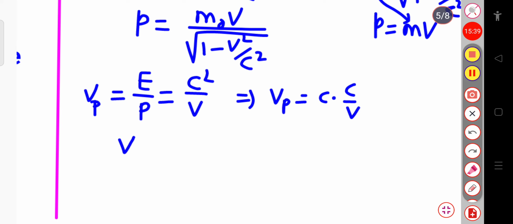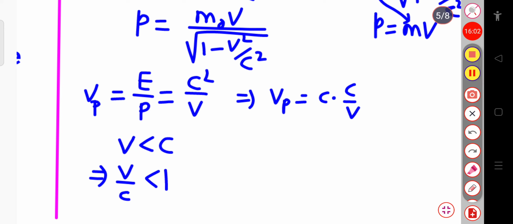The velocity of the material particle V is always less than the velocity of light, that is c. That is V is less than c. Or we can write V divided by c will be less than 1. Or we can write c divided by V will be greater than 1.